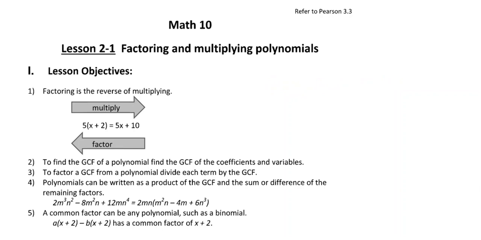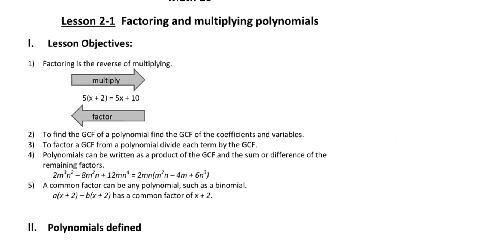Okay, so let's start out with one that we did last year. Let's say we had 5 times (x plus 2). I know it was a long time ago, but the way this would work is this is 5, and then in brackets x plus 2.